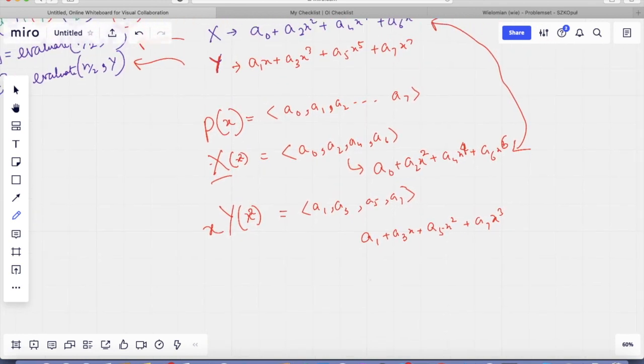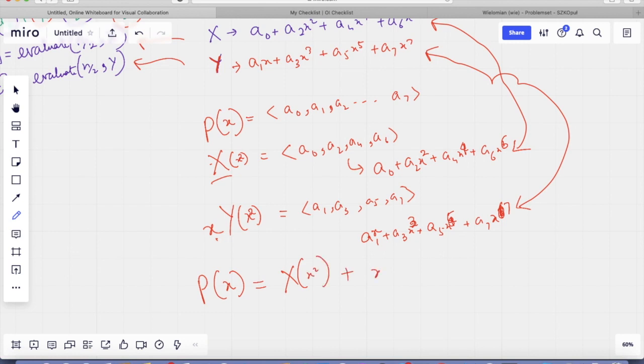So first we plug in x square for all these values. So this becomes x square, this becomes x to the power 4, this becomes x to the power 6, and then we multiply it by x. So it becomes a1x, a3x cube, a5x to the power 5 and a7x to the power 7. And again now we see that this is exactly equivalent to what we wanted here. So we can write p of x as x of x square plus x into y of x square.